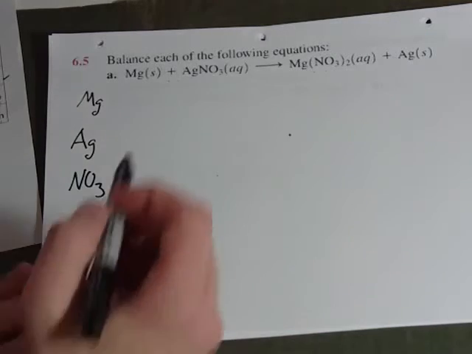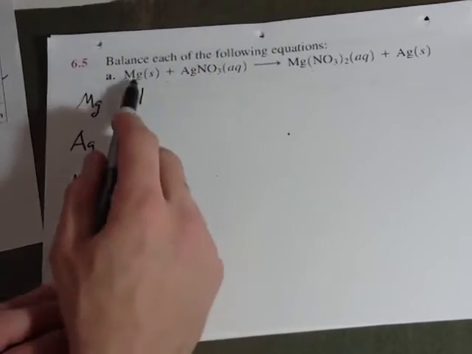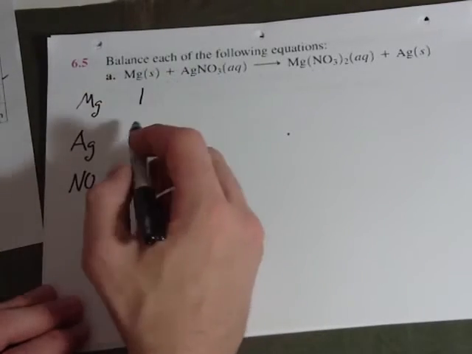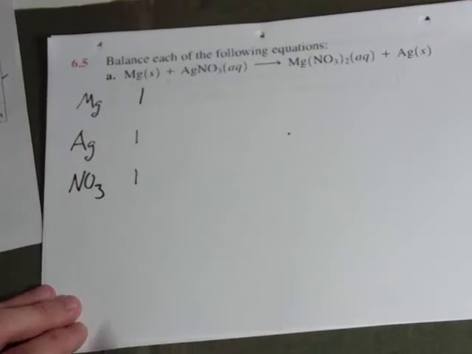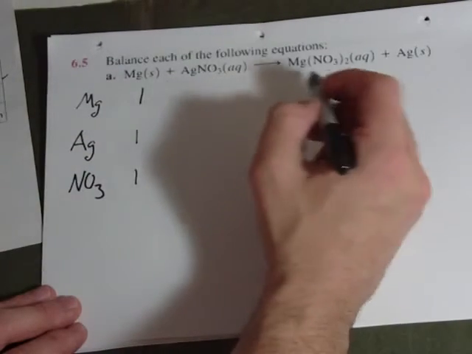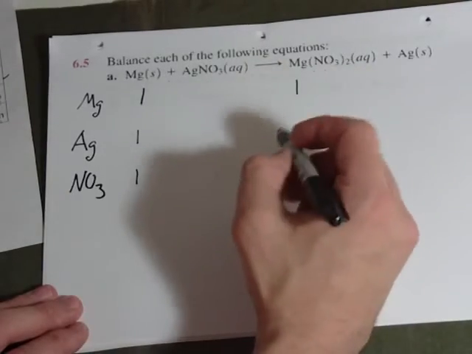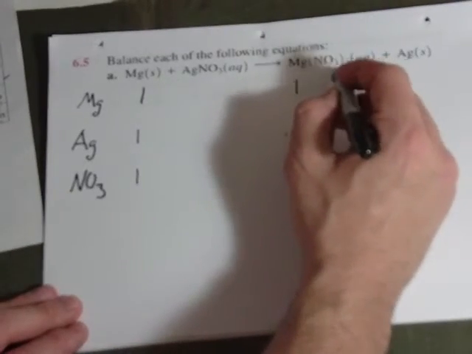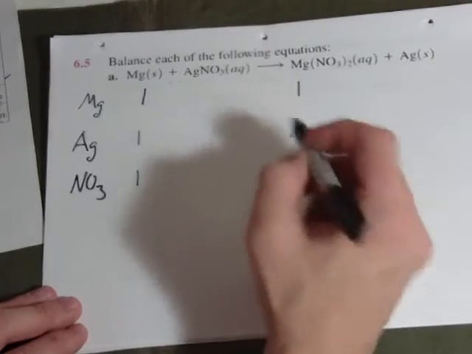In the reactants, we have 1 magnesium, 1 silver, and 1 nitrate group. In the product side, we have 1 magnesium, 2 nitrate groups, since the 2 outside the parentheses distributes to the whole group, and 1 silver.